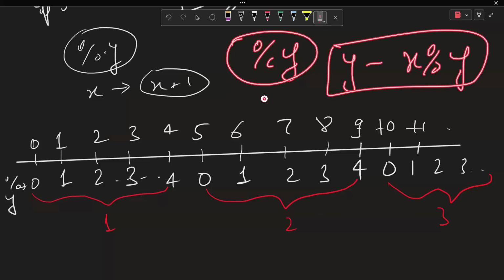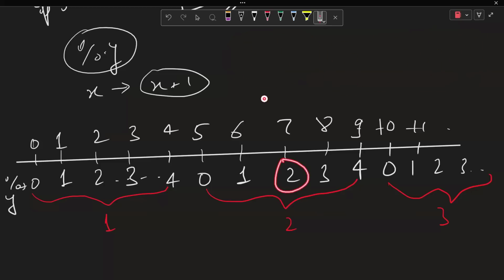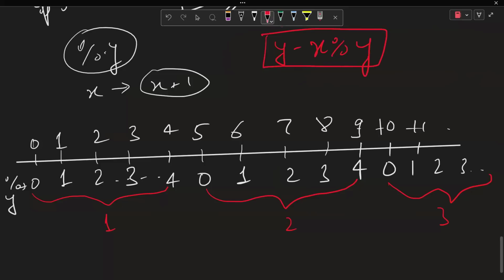Modulo y was 2, and y minus x modulo y was 5 minus 2, which is 3. So if you do y minus x modulo 5, this is the number of steps needed to reach the end of the group you are in.